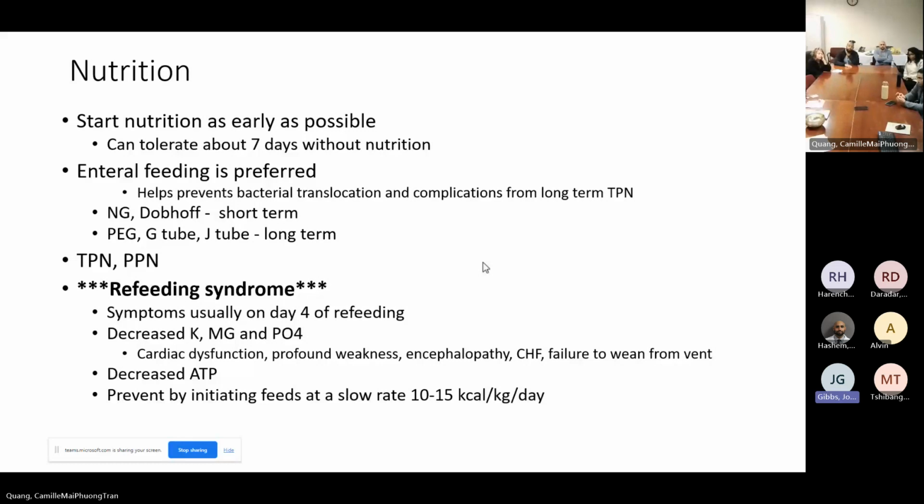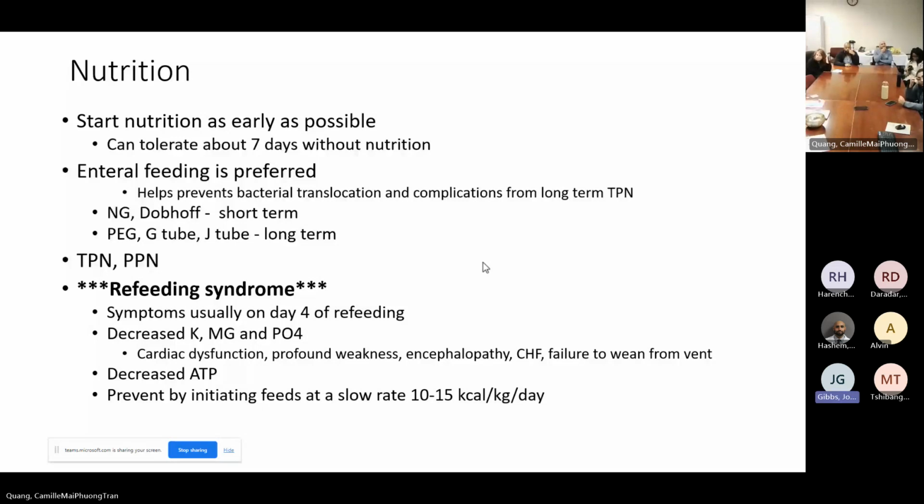And then refeeding syndrome. A couple years ago, there was a patient that died in the ICU from refeeding syndrome because it went unnoticed. You see this a lot with alcoholics who have had poor nutrition for a long time. Once you start feeding somebody, around day 4, you start to see electrolyte derangements.